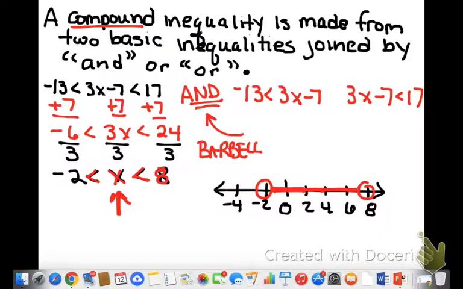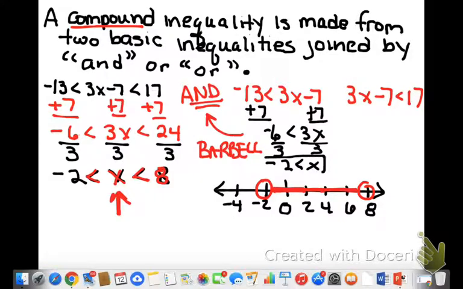Now if we go back to how we broke up our compound inequality into two smaller ones, if I added 7 to both sides, we'd still end up with negative 6 is less than 3x, divide both sides by 3, and we get negative 2 is less than x.